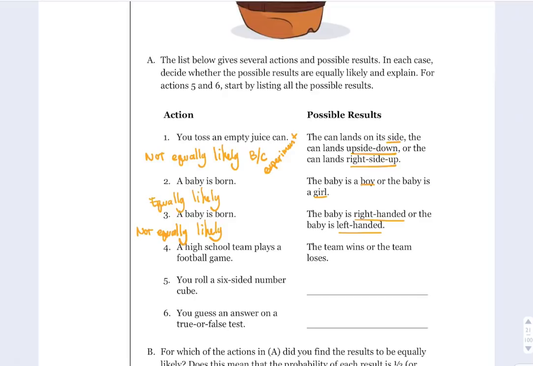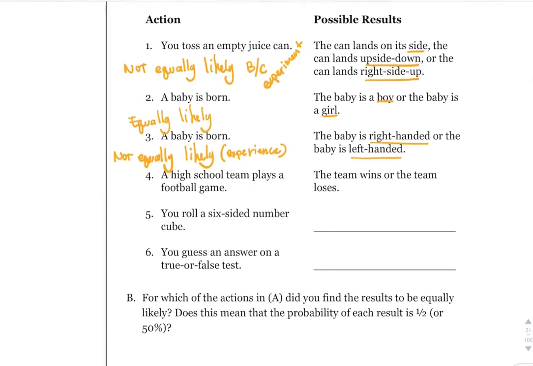Just in a small sample of 30 or 35 in a classroom, you'll notice it's roughly 2 to 4. Occasionally there's a few more, occasionally a few less. So not equally likely, and we're going to call this experience. And we know that because there are specialty stores that sell specifically to left-handed people. There are specialty items designed for just left-handed people because they are a smaller part of the general population.